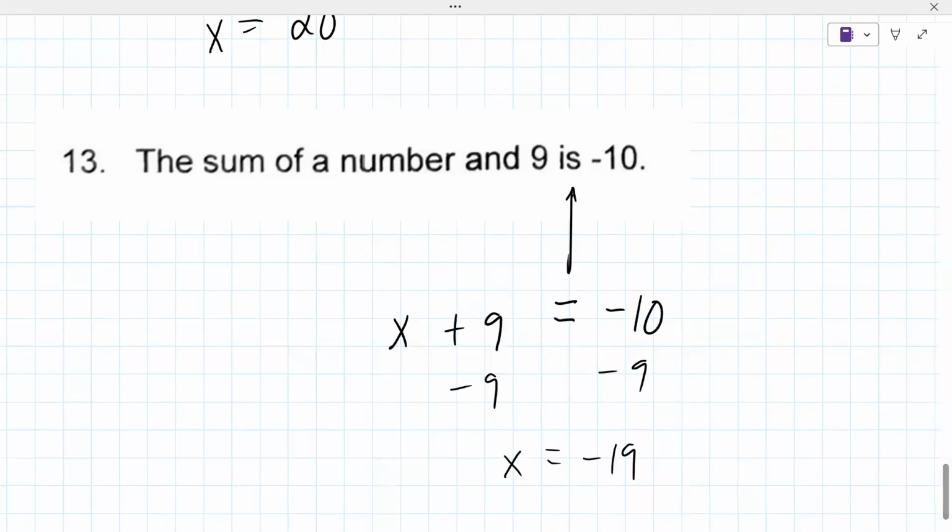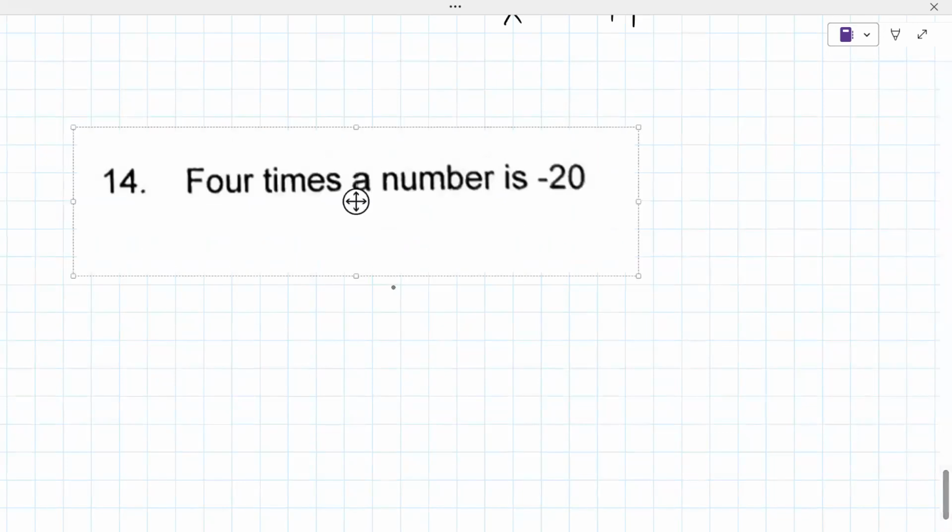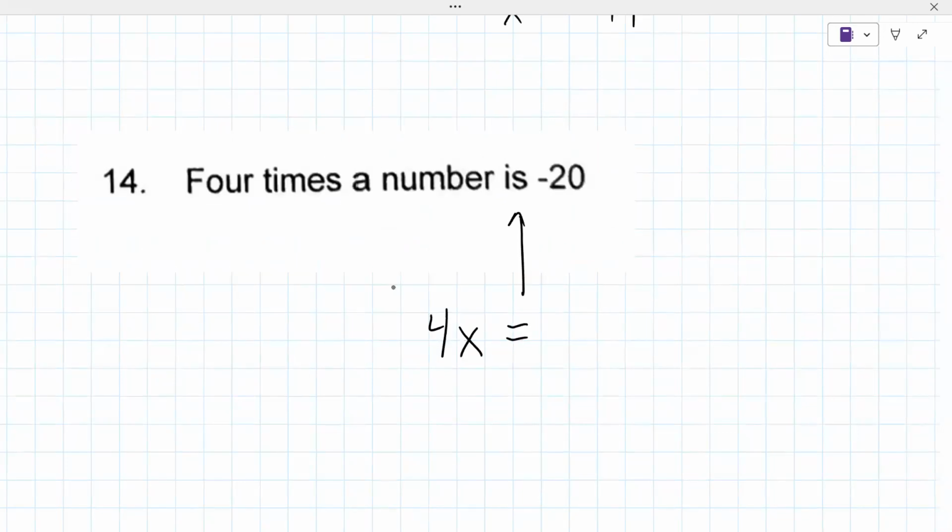All right. Let's look at number 14. Again, there is an equal sign. 4 times x equals -20. Yes. See how the negative is closer to the 2?